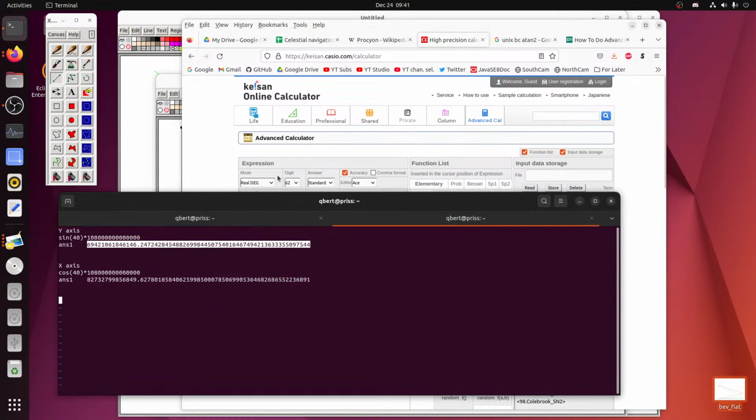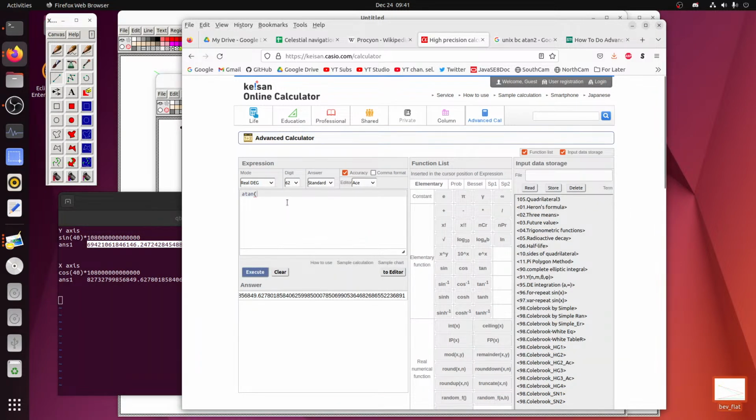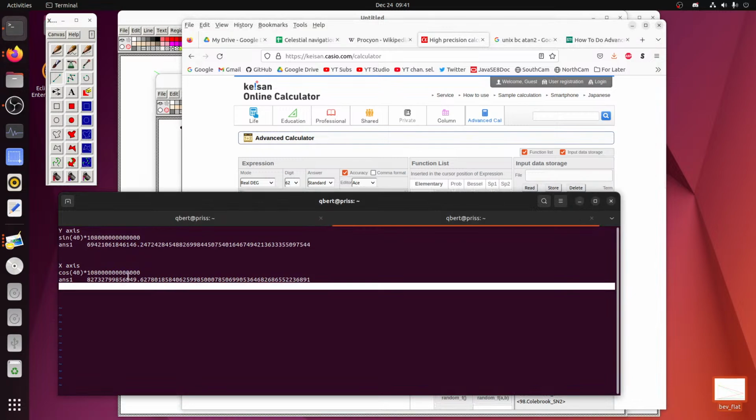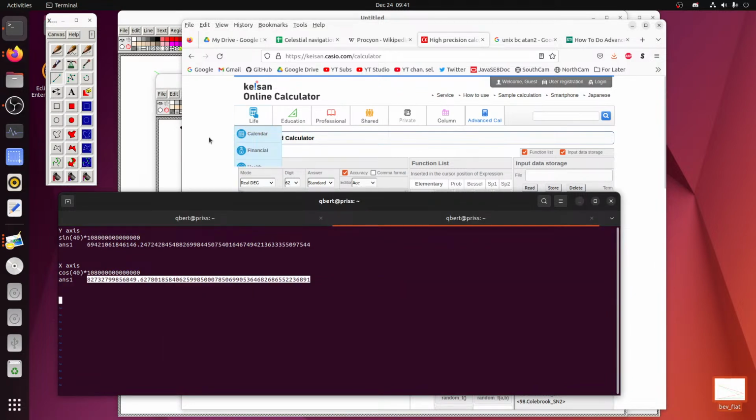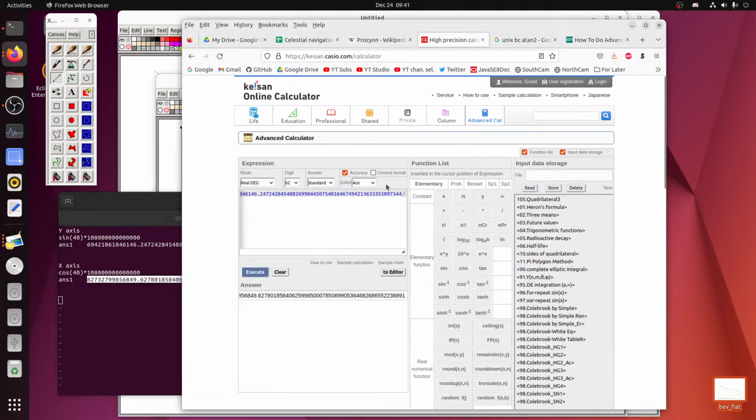Let's copy. And is that the right one? That's the right one. All right, so divide that by, I'm getting there slowly, edit, paste.